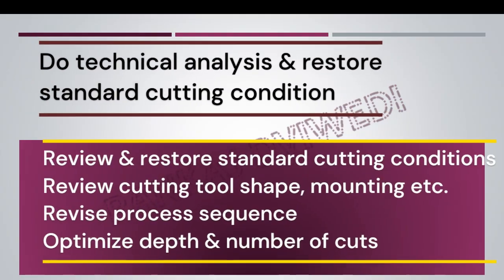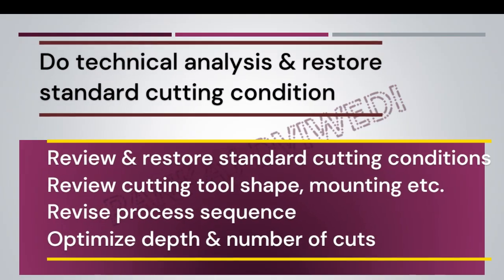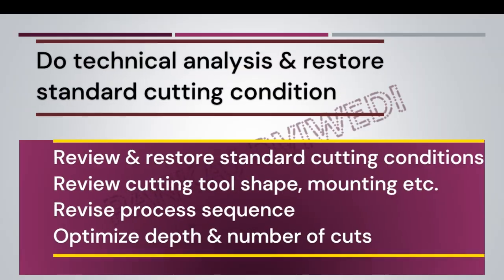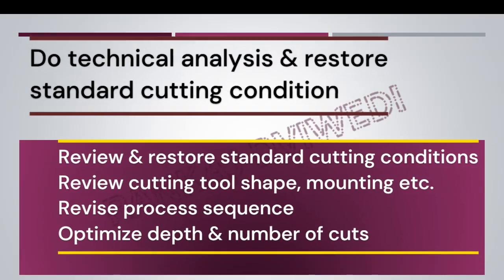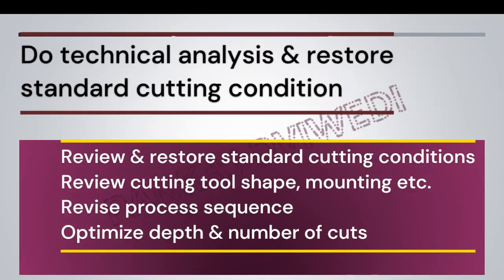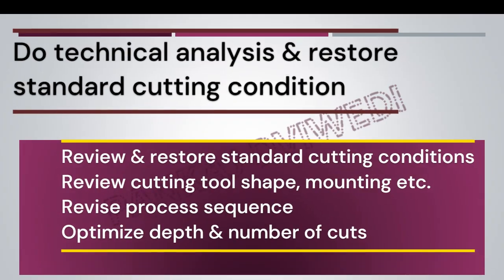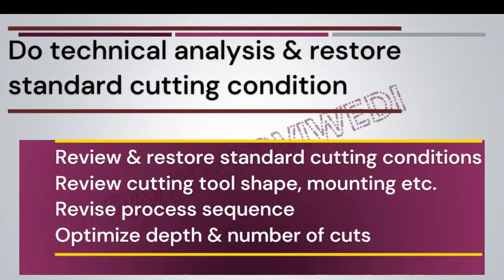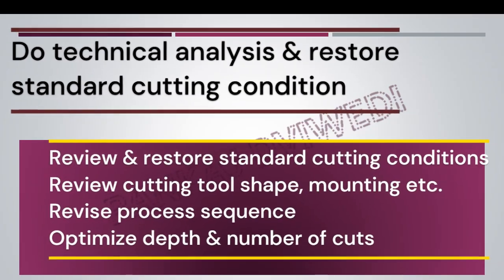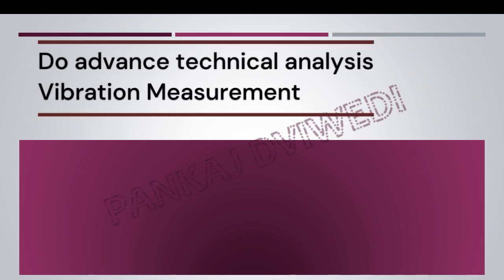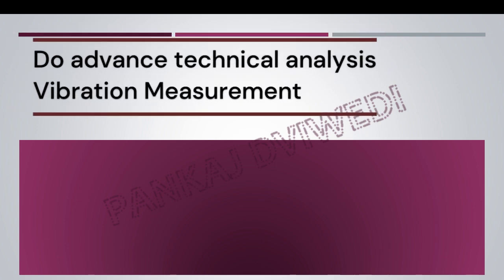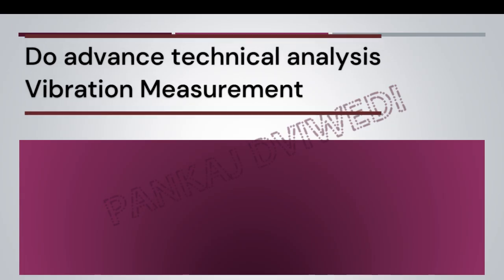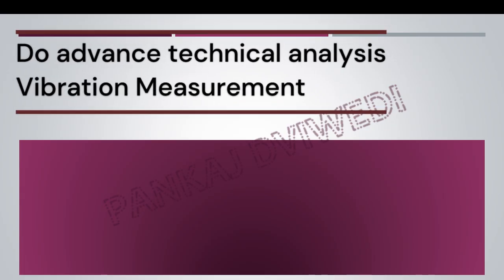So after this, the next step involves expert involvement. After restoration of all basic conditions of the cutting tool, now you need to go for some advanced actions, that is vibration measurement. So get the raw waveform monitored.